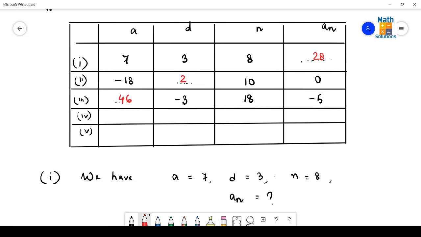Here it is 46. Then after Roman 4, the first value is given to be -18.9. After that the value of d is 2.5. Then after nothing is put here, we have to fill it. Then after the next one is 3.6.